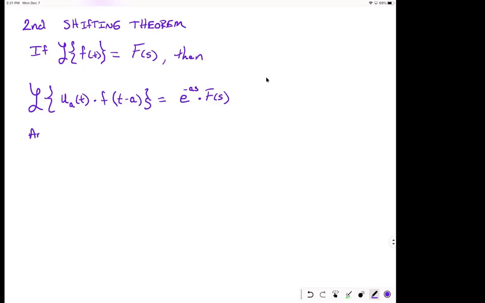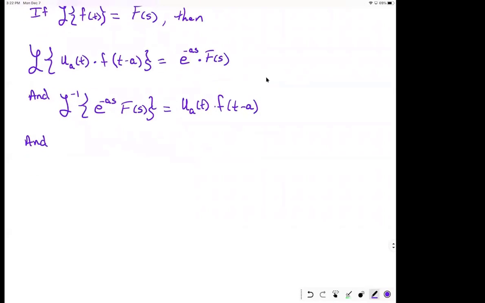And the inverse of that is also true. If I take e to the minus as times F of s, that's equal to u sub a of t times f of t minus a. And there's a corollary that follows with this.